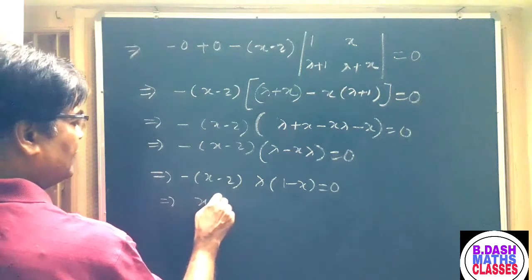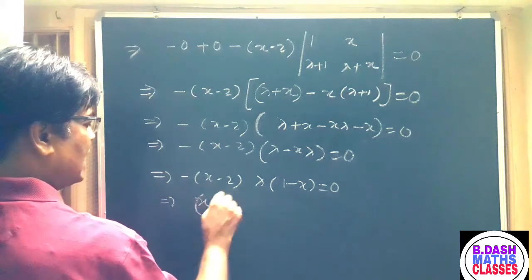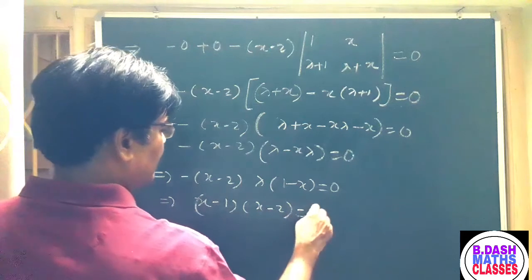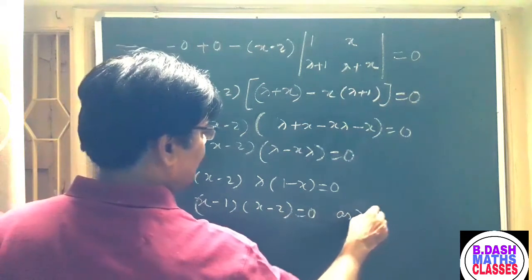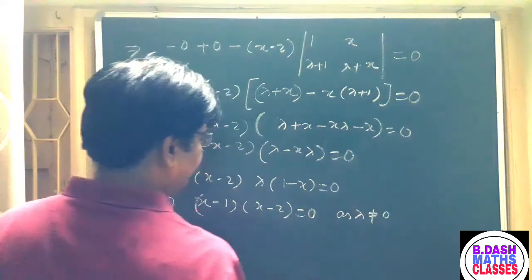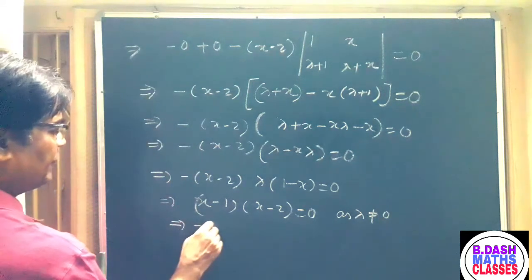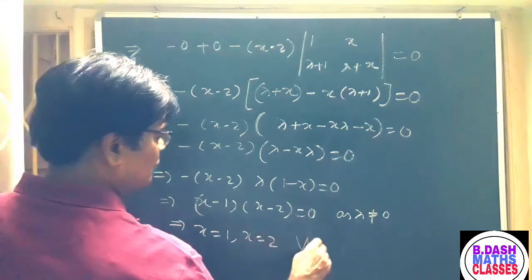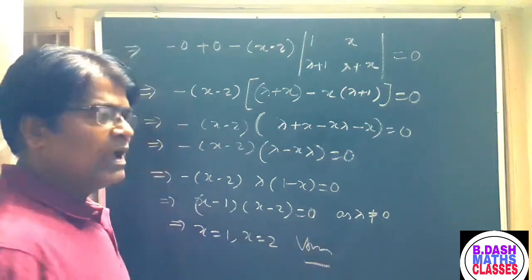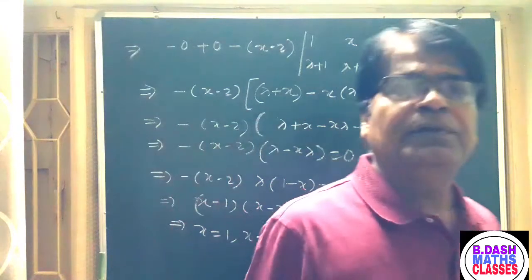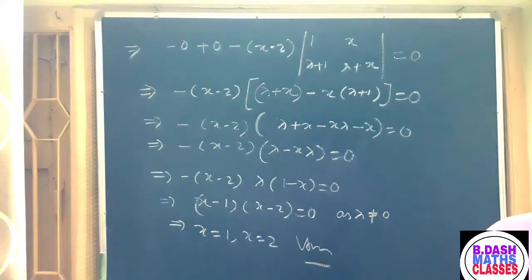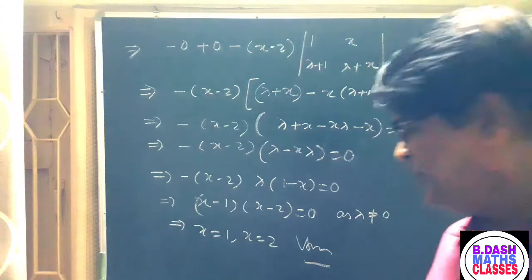This gives you (x minus 1)(x minus 2) is equal to 0, as lambda not equal to 0 is given. So this gives you x is equal to 1, x is equal to 2. So we are getting two values for x after solving this problem. Let us proceed to solve the next problem.